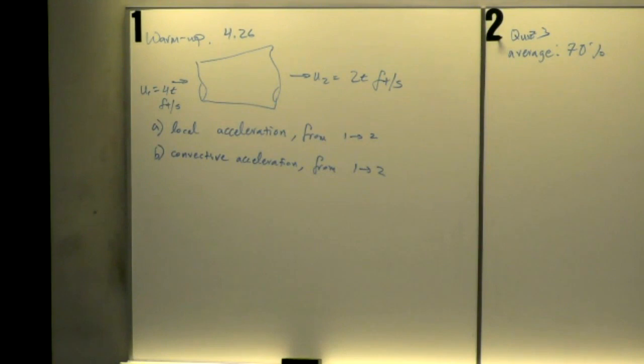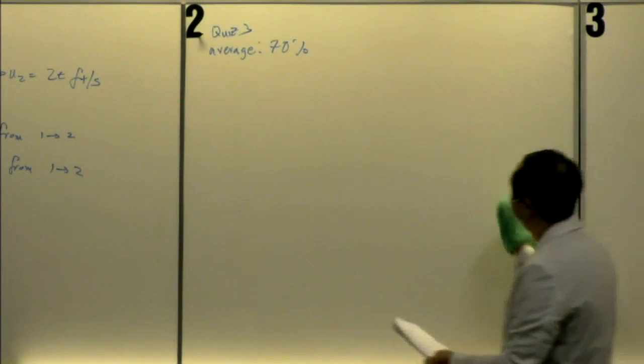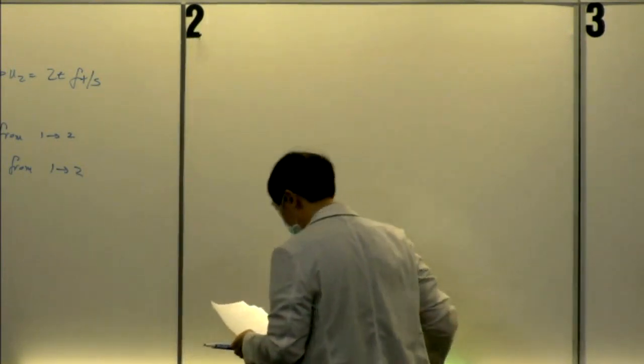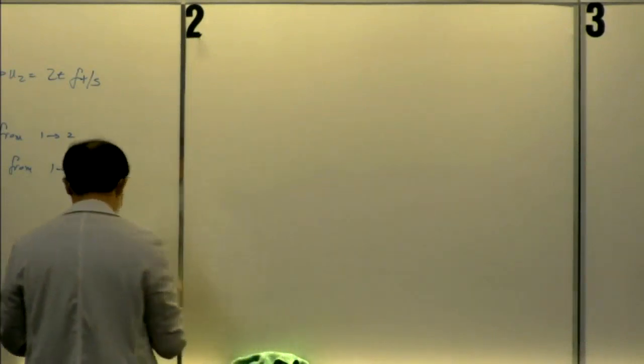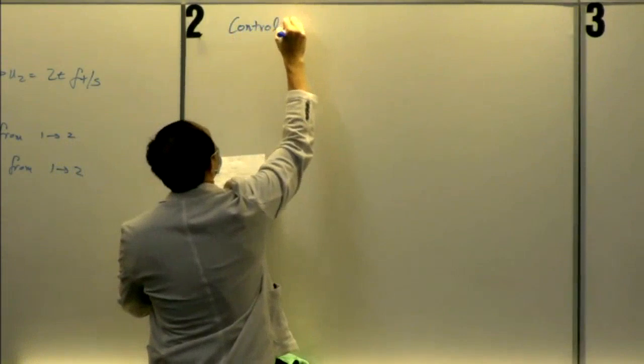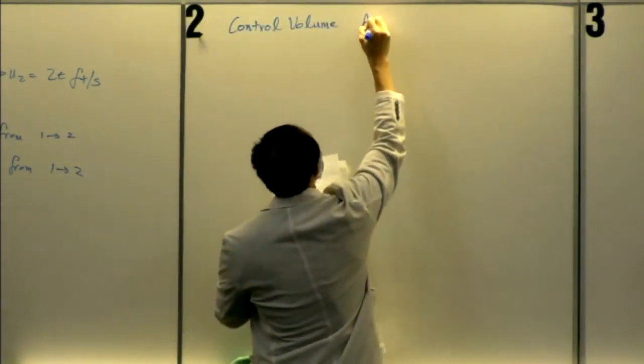But before we do this problem, let's go over what's going to be on this next quiz. So, in fact, for the next month, we'll be doing what's called control volume analysis.